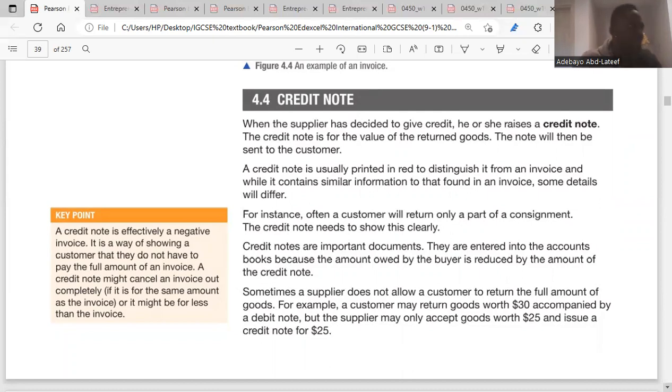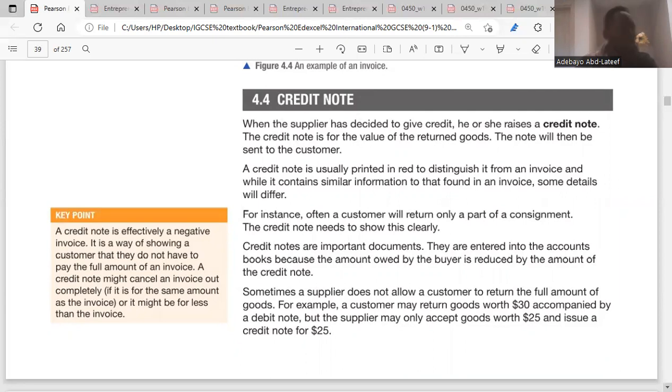So you issue a debit note. In the course of you issuing a debit note, the supplier would accept. If he or she accepted, then he or she is going to issue a credit note stating that, oh, customer A, I have accepted the debit note based on the goods you are returning. So I will deduct this amount from the amount you are owing us.